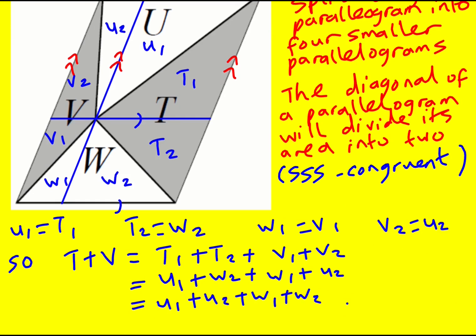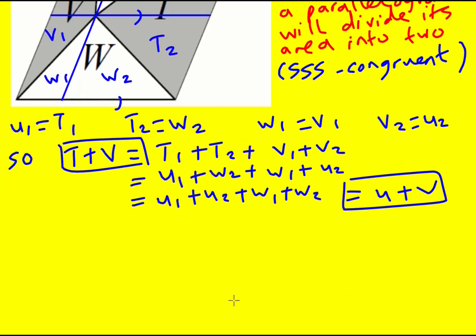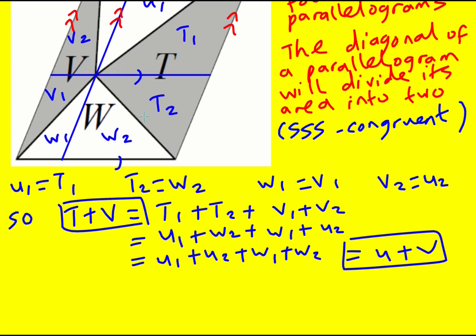If I just rearrange it, equals U plus W. So of course there is some algebra involved, but it's mostly geometrically based. You could even argue it without giving it symbols, I suppose, but I think this is the clearest way. Okay, nice argument.